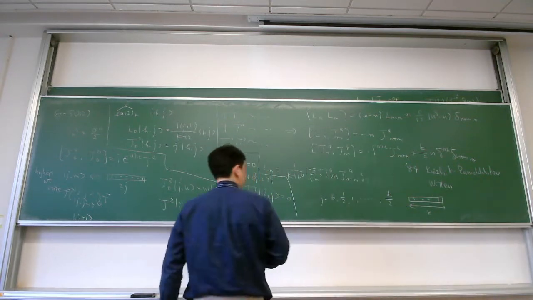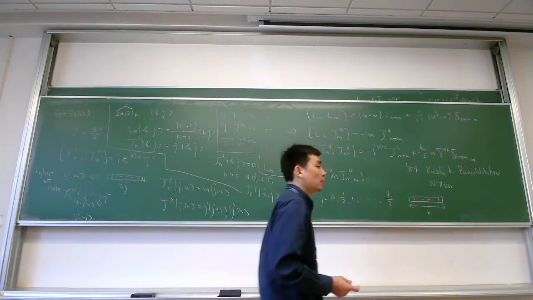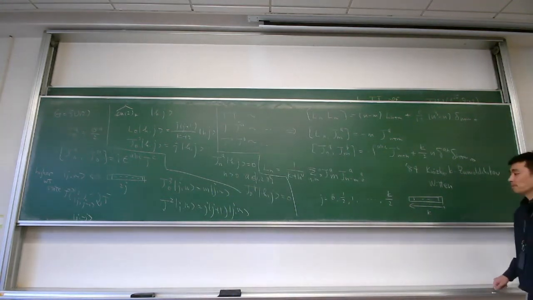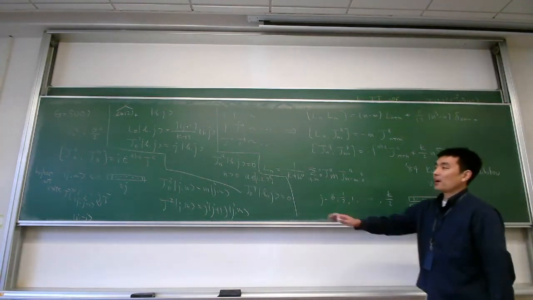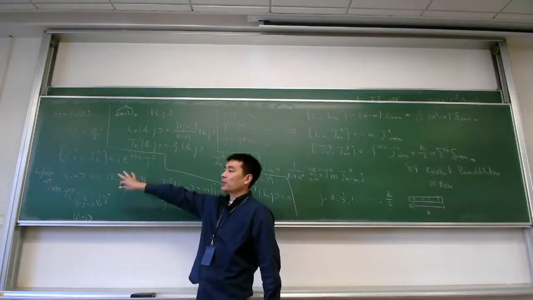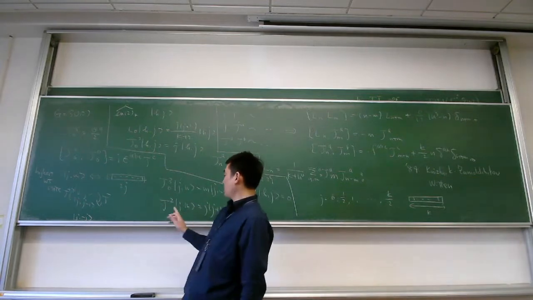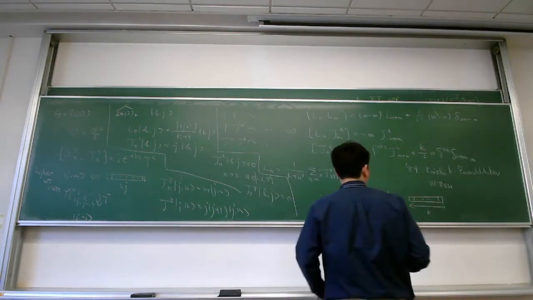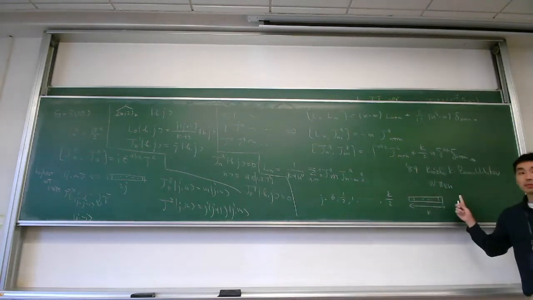So this is a particular phenomenon in the Wess-Zumino-Witten model. In the finite dimensional algebra, j can take any integer or half integer. On the other hand, in the affine algebra, you can take only up to k.